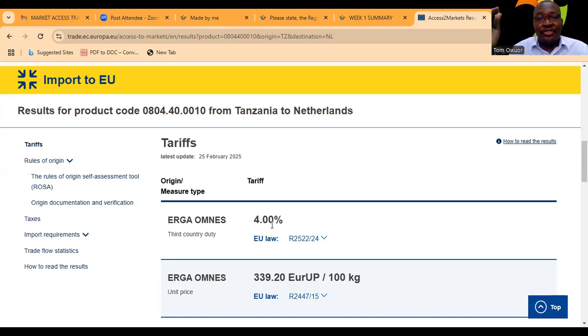Even if you want to export avocados from Tanzania or maybe from Rwanda into South Africa, you can log onto this system to get to know the percentage tariffs before you get into that market, because this will also show how competitive your product will be. So that is a demonstration in terms of the destination markets that our products go into, in terms of the tariffs.